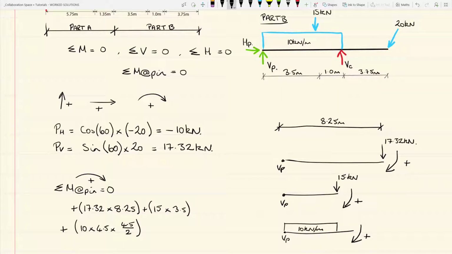And you should know by now that the resultant force associated with a UD load acts at the centroid of the UD load. Hence the lever arm is the length of the UD load over 2. So in this case that's going to be 2.25 meters, given an overall load that's 4.5 meters long.